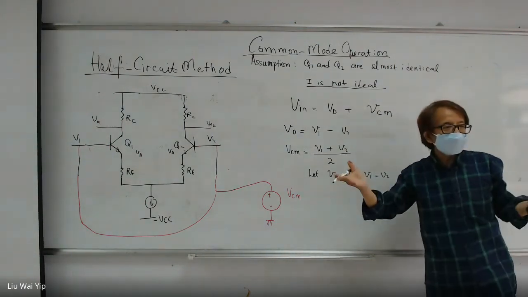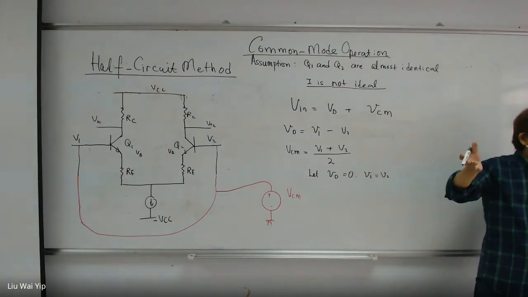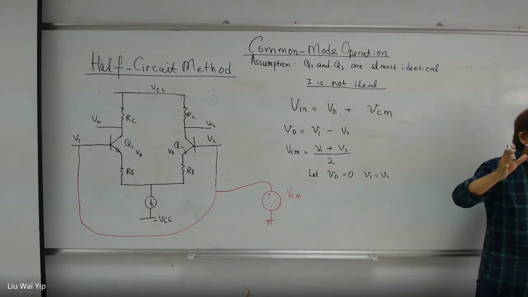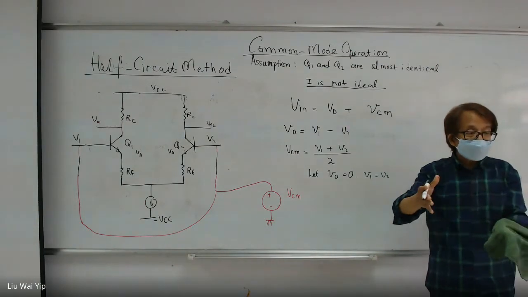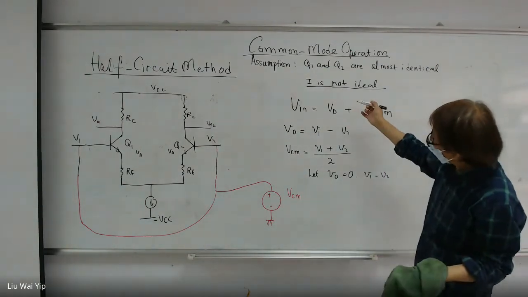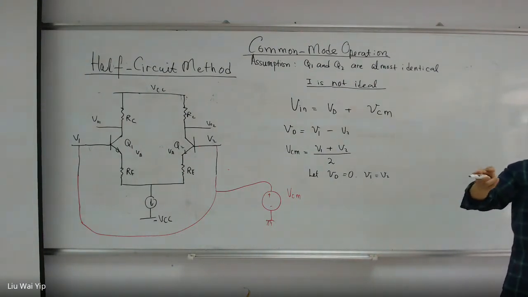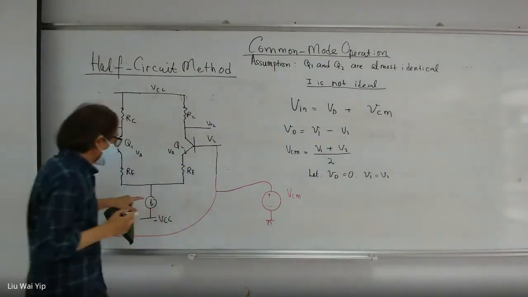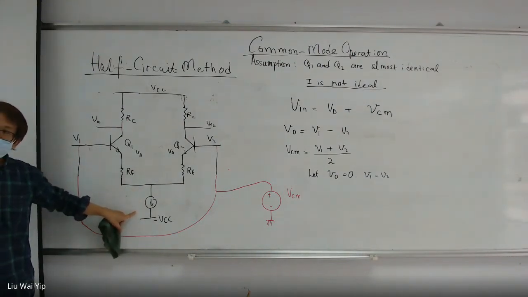But what is not ideal? The impedance is finite, not infinite. It may be very large, maybe large, maybe not even large. When I say not ideal, this means from here to here is conducting.